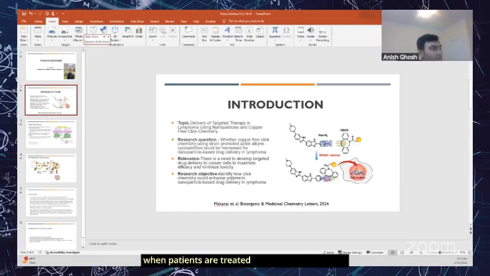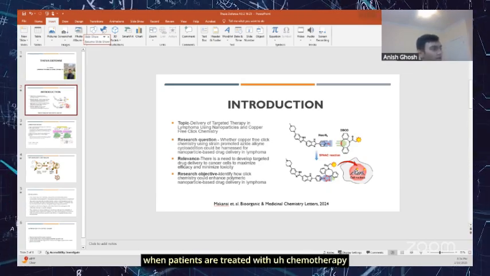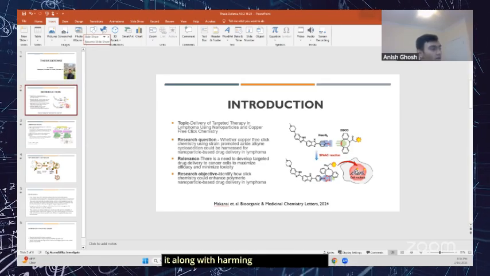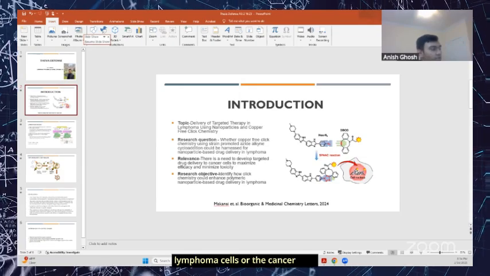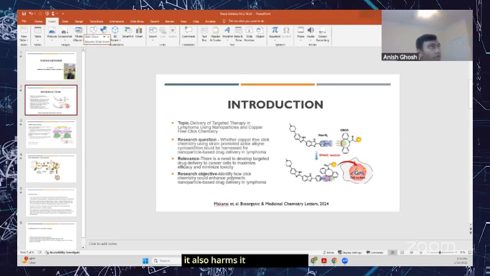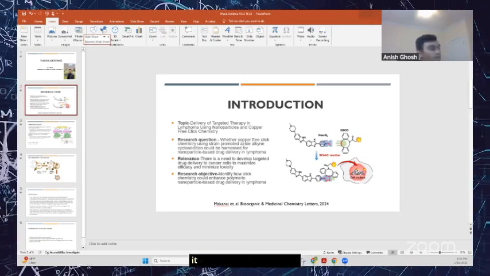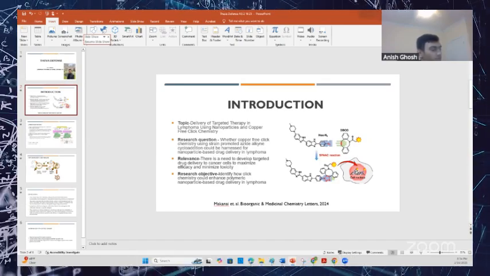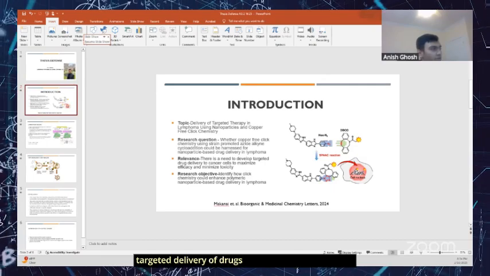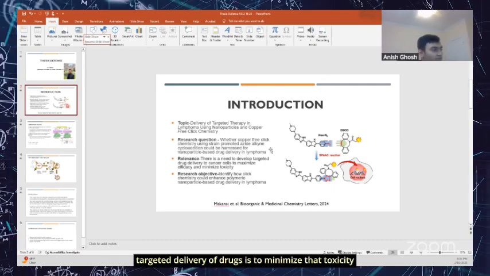Along with harming and killing the lymphoma cells, the cancer cells, it also harms healthy cells, which is the whole point of nanoparticle targeted delivery of drugs: to minimize that toxicity.